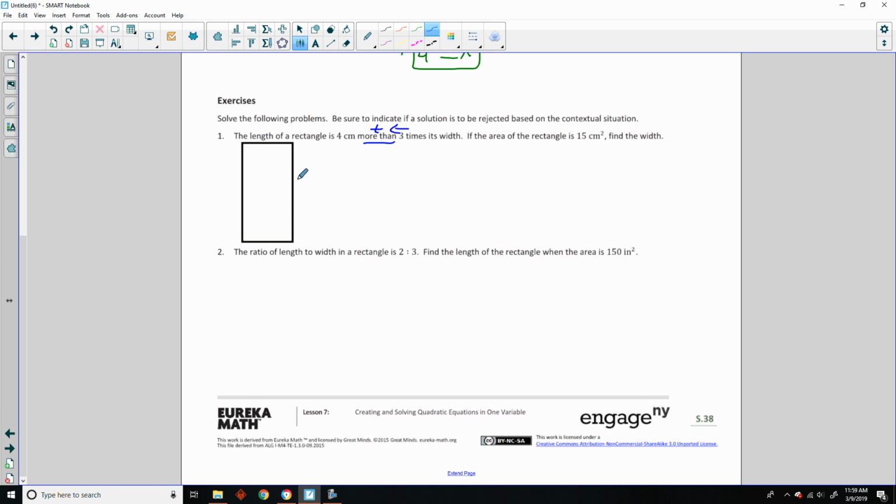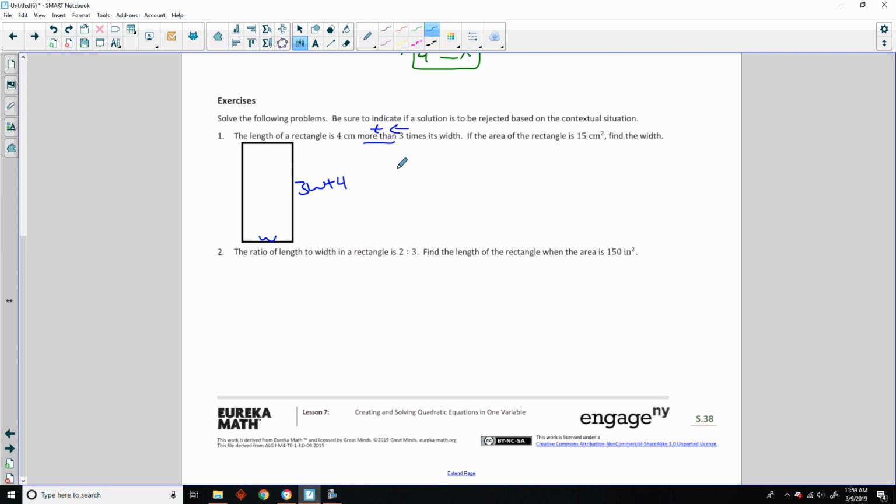So 3 times its width plus 4, and the width is just simply W. The length of the rectangle is 3 times its width plus 4. If the area of the rectangle is 15 centimeters squared, find its width.